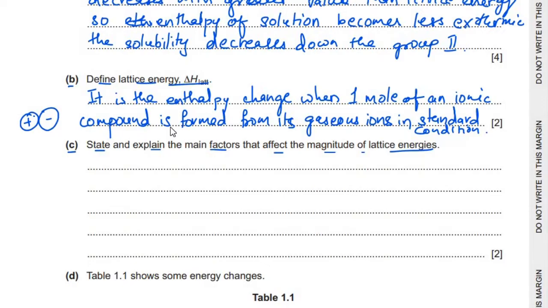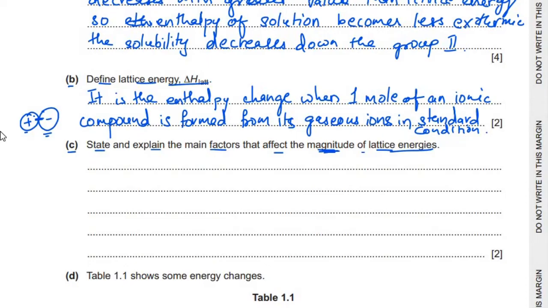Now lattice energy magnitude depends on the force of attraction between the positive and the negative ion, and that is the reason the magnitude depends on certain factors. Now what are these factors? That depends on the size of these ions. If the size of these ions is smaller, then the force of attraction between the positive and negative will be greater, and the magnitude of lattice energy will also be higher.